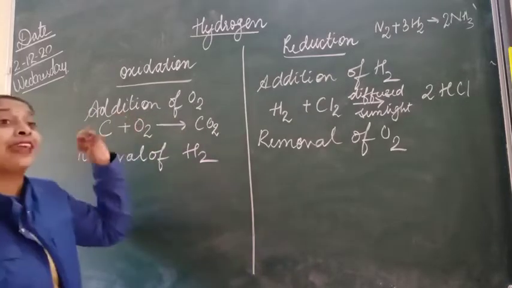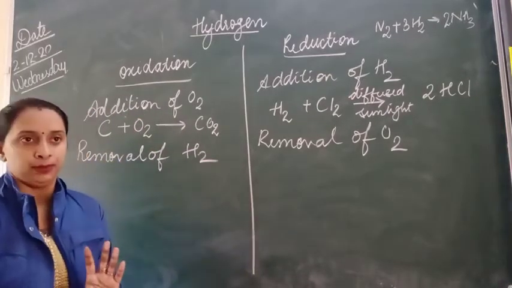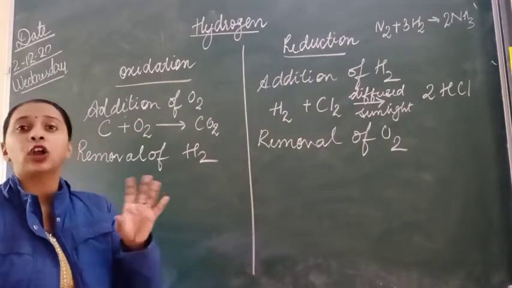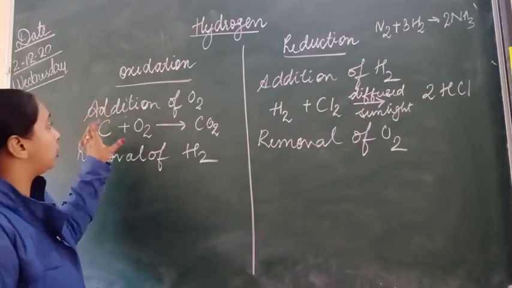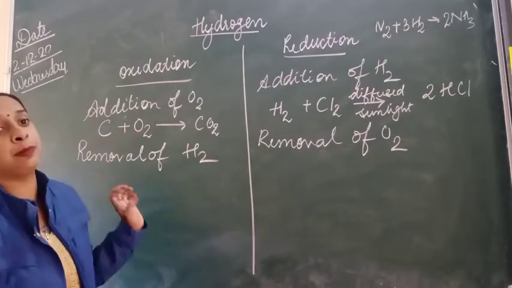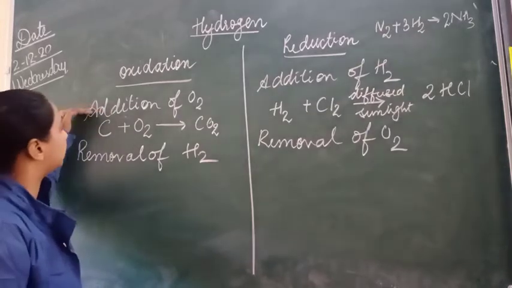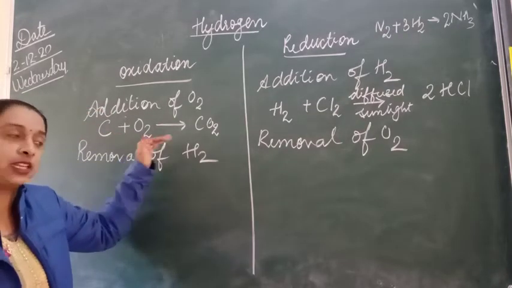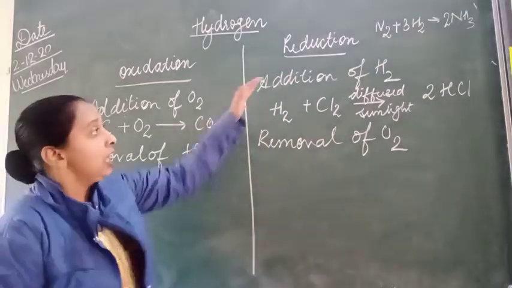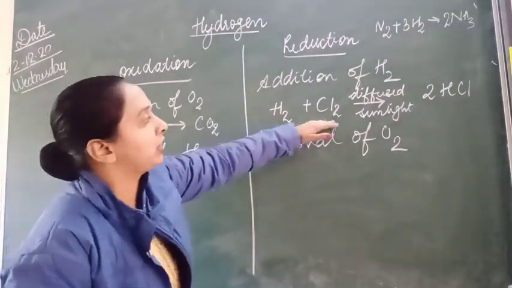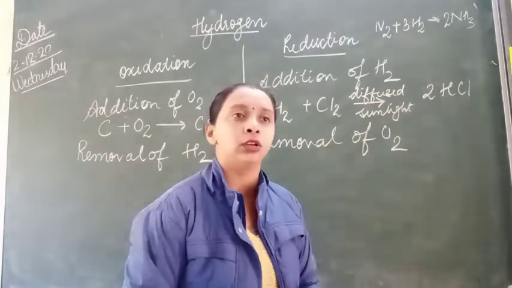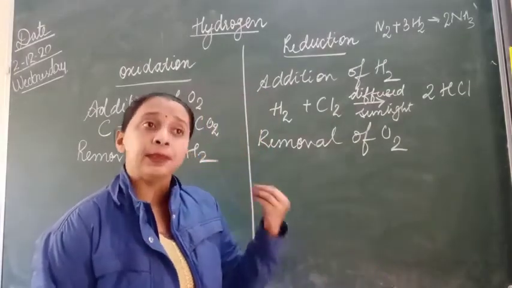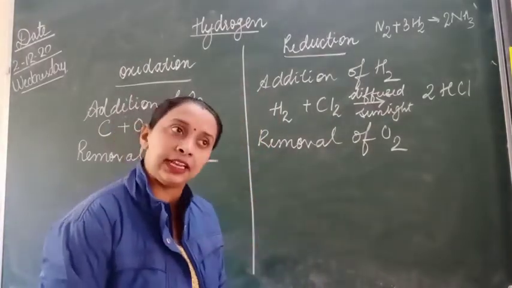So you can give any equation which you remember. Are you getting? It is not necessary, but that equation should represent what you have written. Like I have written addition of oxygen: carbon reacts with oxygen and produces carbon dioxide. Here addition of hydrogen: hydrogen and chlorine react to produce 2HCl. These are simple equations which you have already studied.